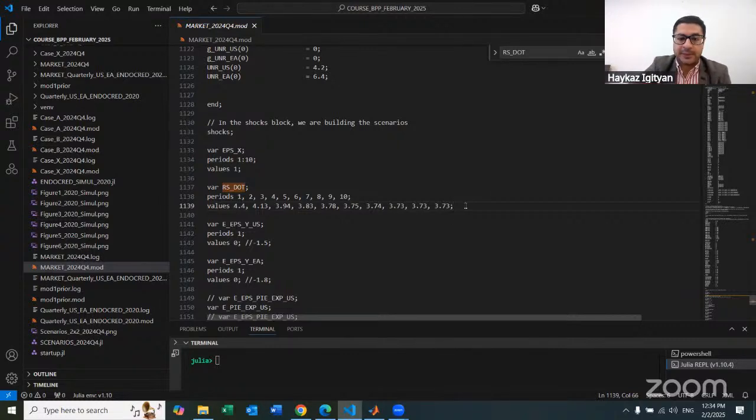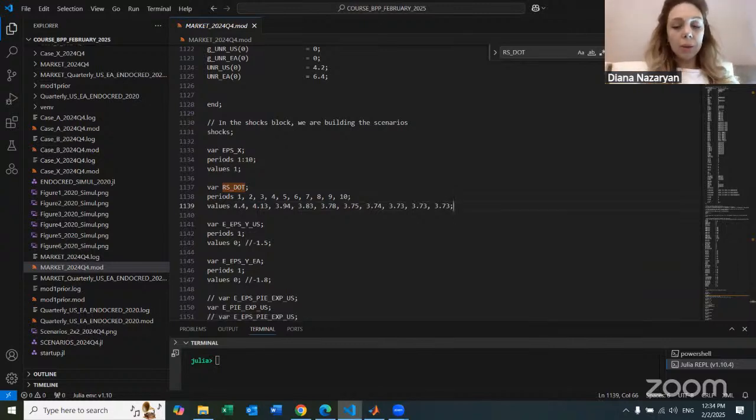Okay, that's the way to tune the path of the policy rate inside the loss function. Okay, and you remember this? May I ask? Yeah, please. Yeah, so for better understanding, I just want to check. We give the Atlanta Fed path here as RS dot, and we want RS Fed and RS dot, the differences, minimized across time, yeah?